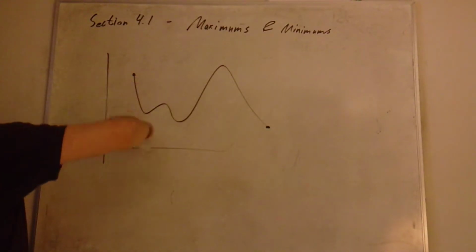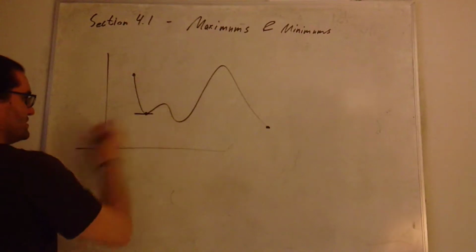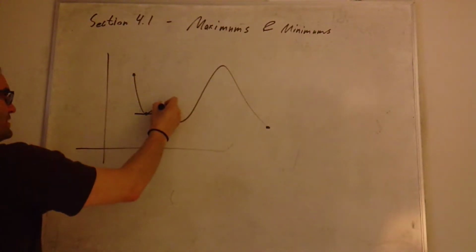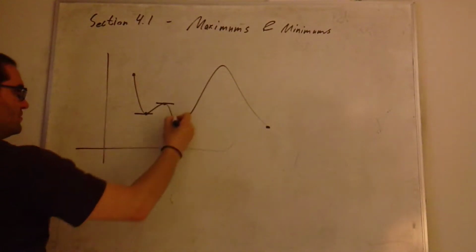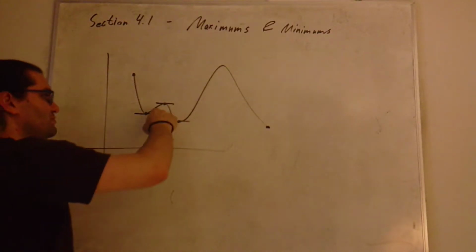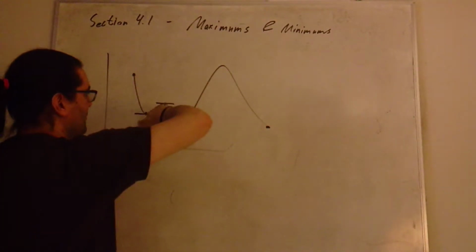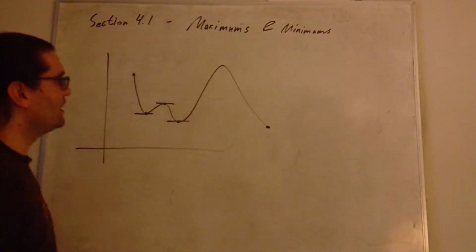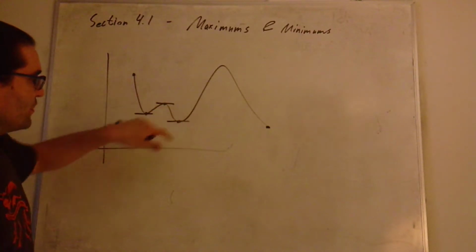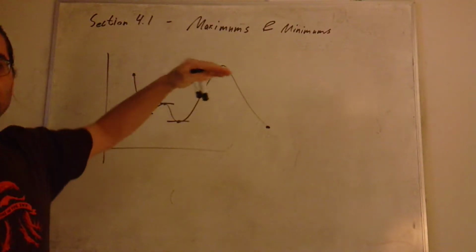In between these negative to positive things, you have points where the slope is 0. At these points where the slope is 0, it's usually 0 because these are the points where it's switching from negative to positive, or where it's switching from positive to negative. And at those points where it switches from positive to negative, that's where the function peaks.